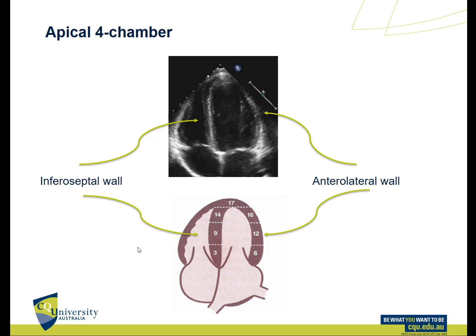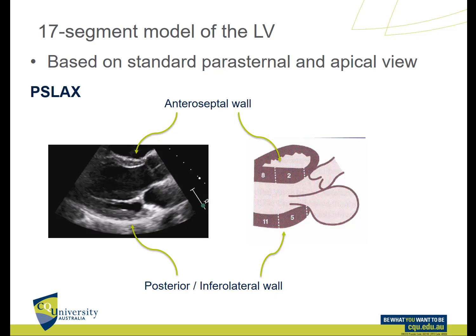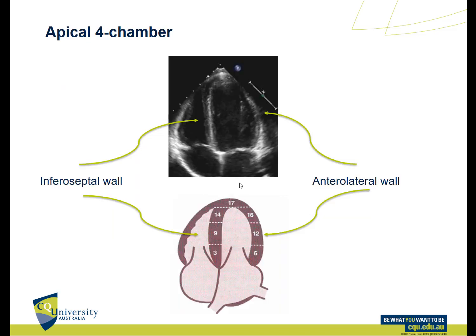Okay, so the septum, if we think about it, we can see it in multiple views, and there are different planes. So here in the parasternal long axis, we have this anteroseptal wall. In our 4-chamber, we have our inferoseptal wall and our anterolateral wall.